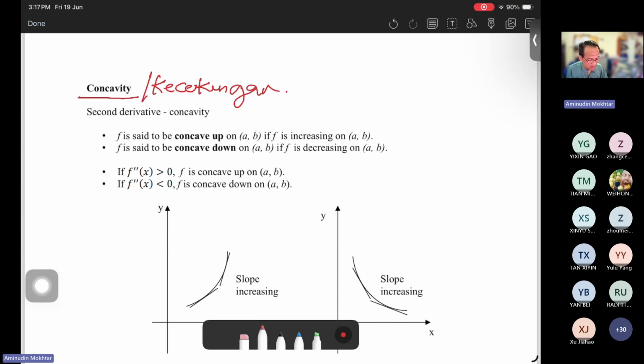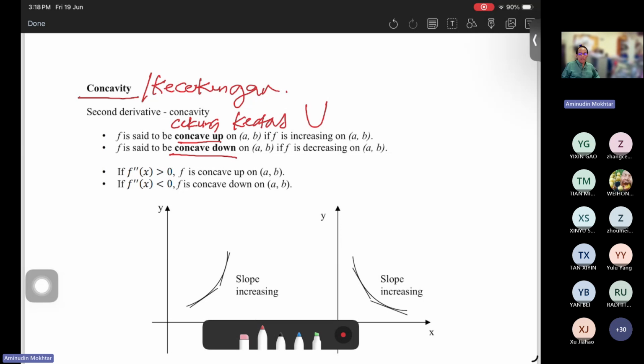There are two situations here: concave up or concave down. Concave up is cekung ke atas, like a U shape.